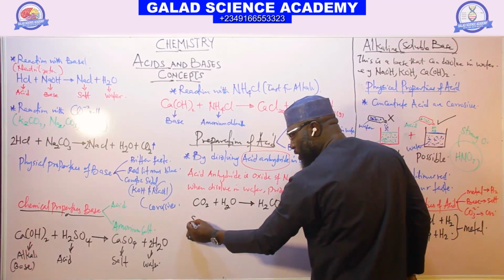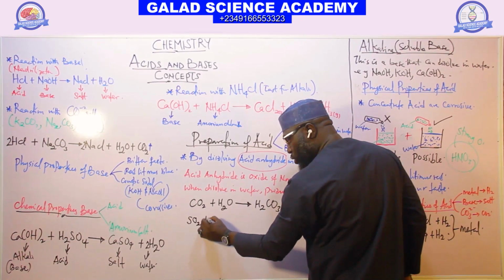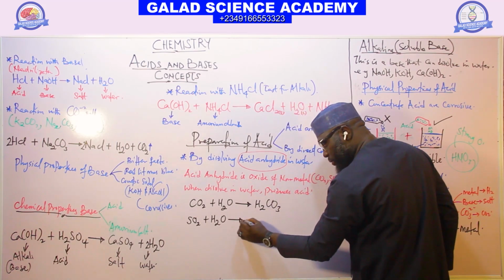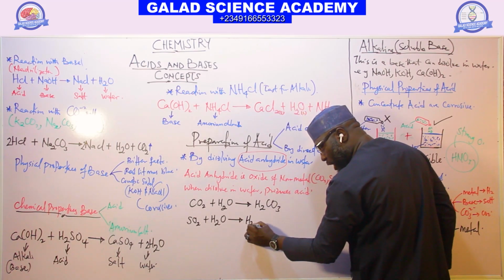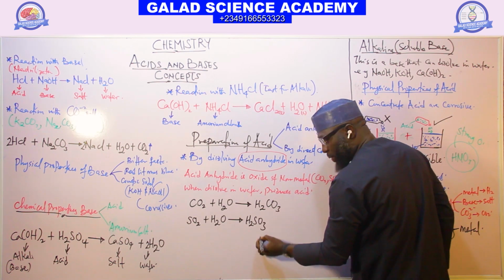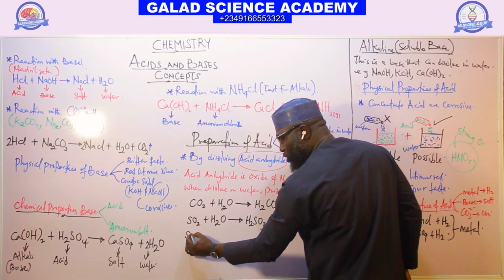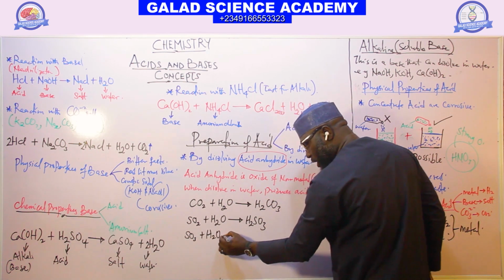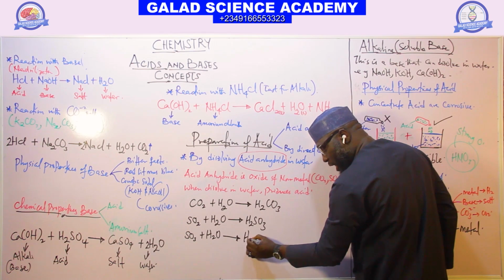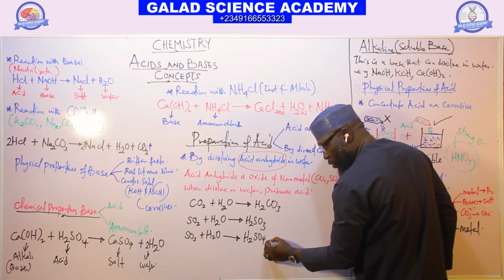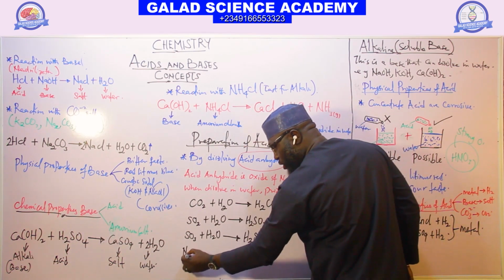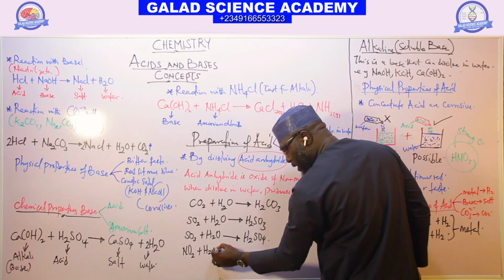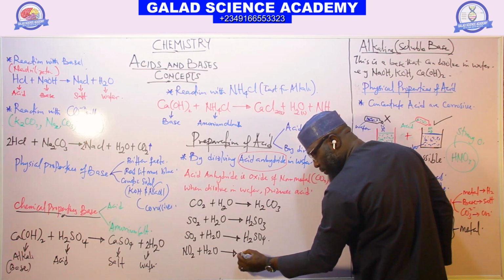If you have SO2, dissolve it in water, it will give us H2SO3. If you have SO3, dissolve it in water, it will give us H2SO4. If you have NO2, dissolve it in water, it will give us what?